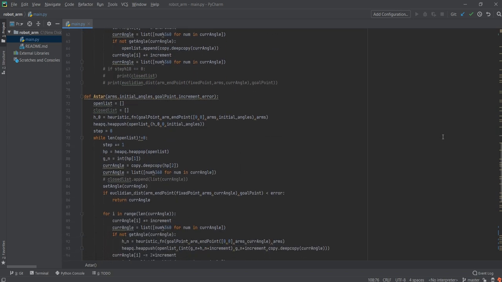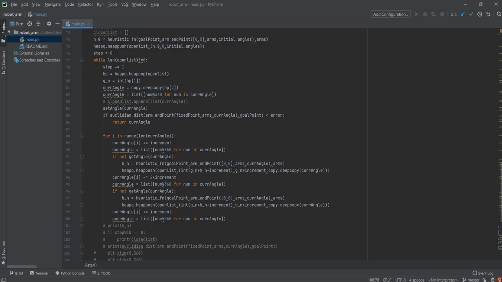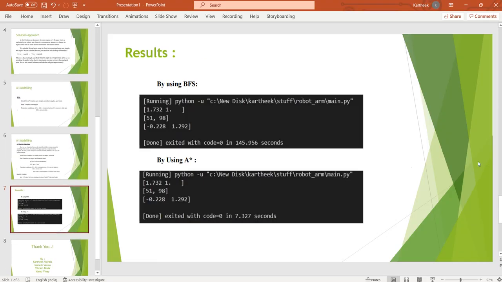We can do better using the A-star algorithm. In this, we will be using a priority queue instead of a normal queue, and we will be looking at the space similar to BFS, but we will be expanding the nodes which have the least f of n value. And if we look at the results, by using BFS for a particular test case, we are getting a time of 145.956 seconds, which is very large.